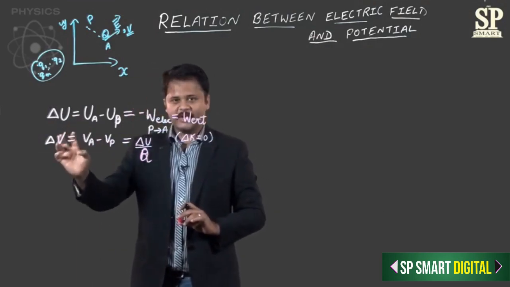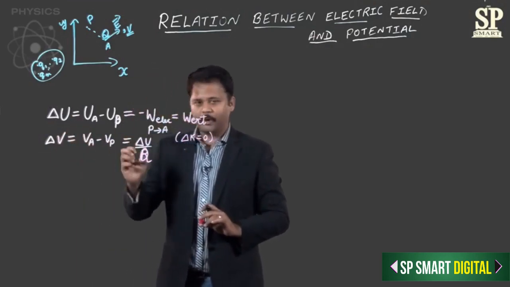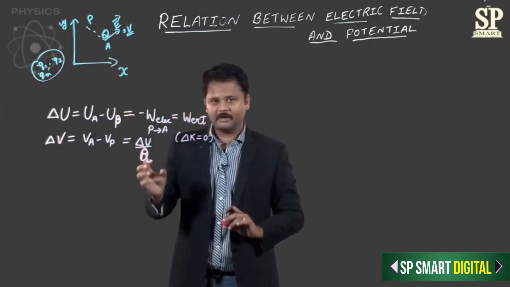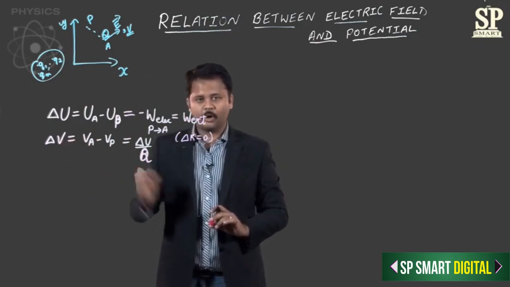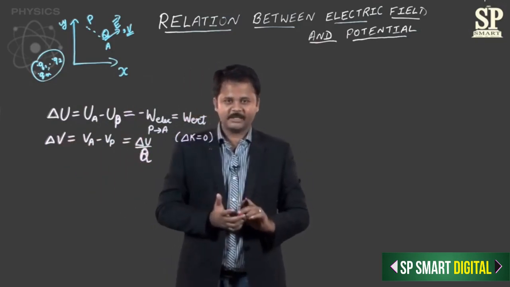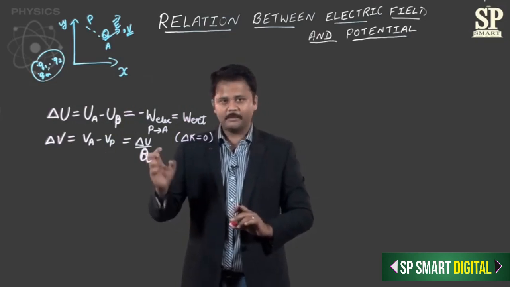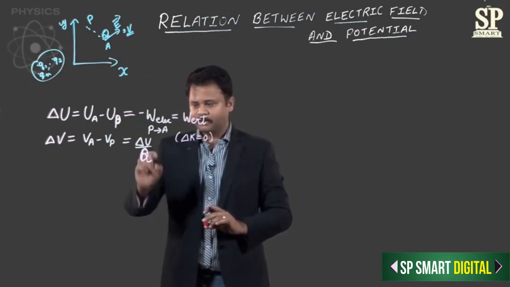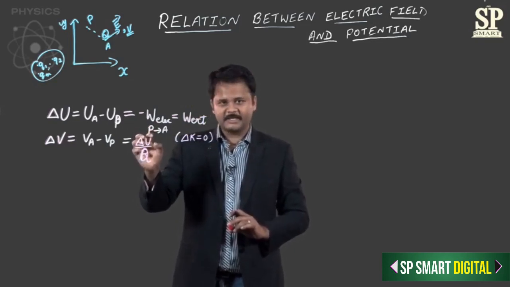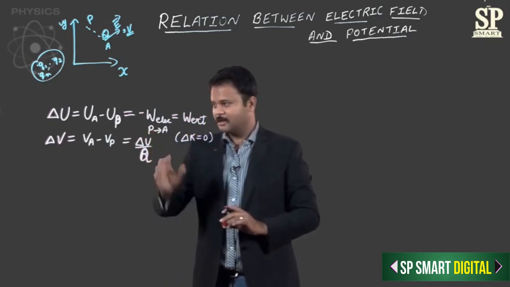The change in potential, or the potential difference, when a charge capital Q starts moving from point P to A, is given as the total change in potential energy that has taken place upon the magnitude of the charge itself. So we divide the change in potential energy by the magnitude of the charge.